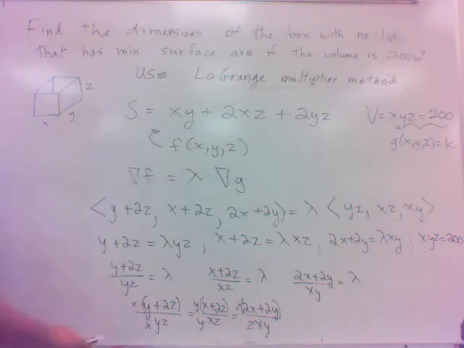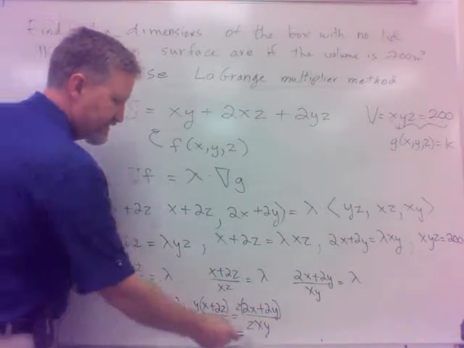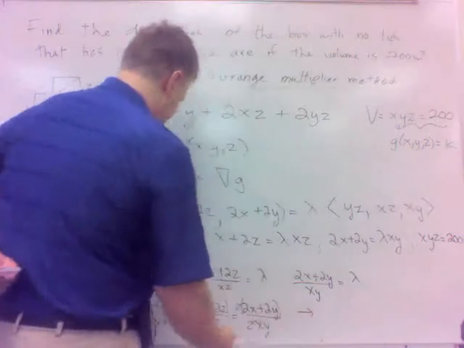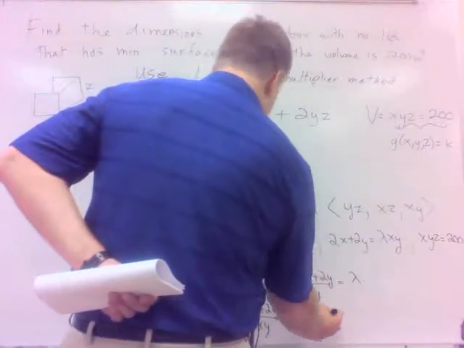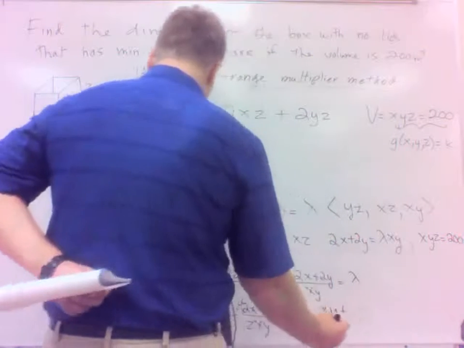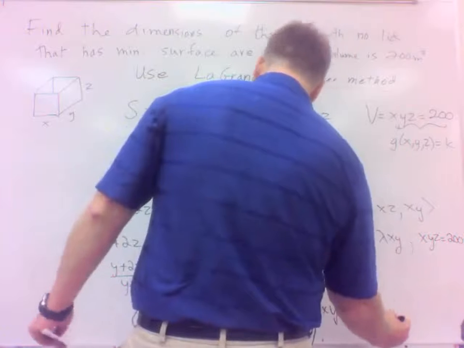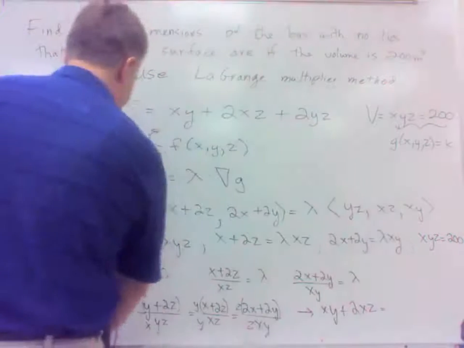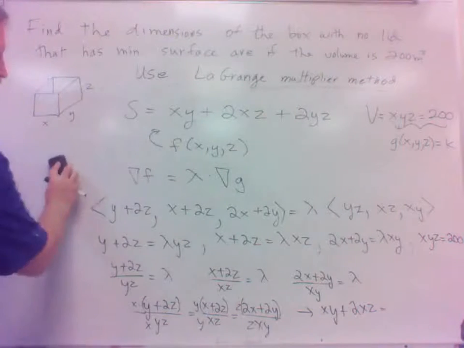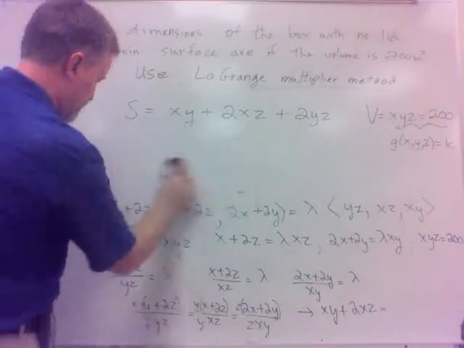So now essentially all the bases here are the same, so they kind of cancel. So we have xy plus 2xz equals, let me erase, I think we're done with all that.